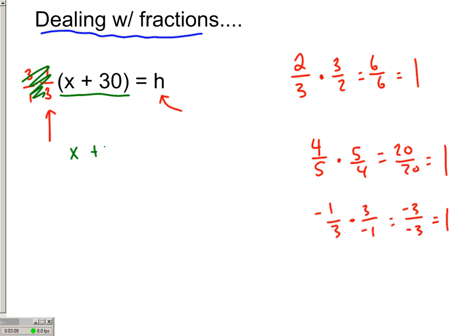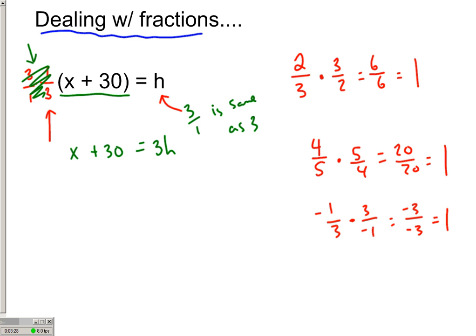So we just pull it down, x plus 30 equals, and then what's happening here? We multiplied this side by 3, so we better multiply this side by 3, because 3/1 is the same as 3. So what's 3 times h?